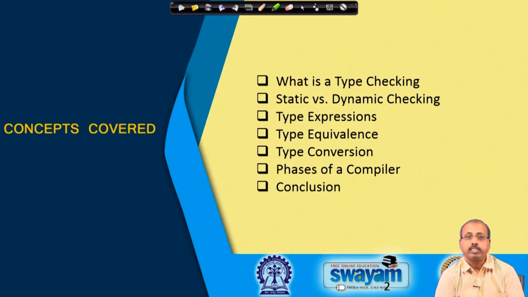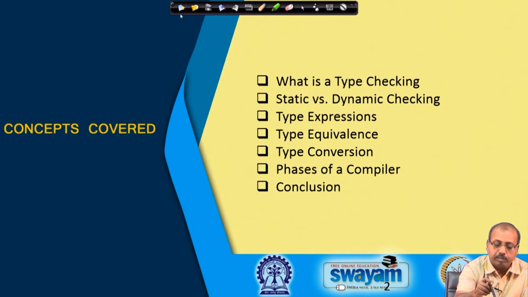Very often we need to answer the question whether x and y have equivalent types or not. They might not have been defined to be of the same basic type, but it may happen that the user has redefined integer as another type. In the C language, you know that there is a typedef.